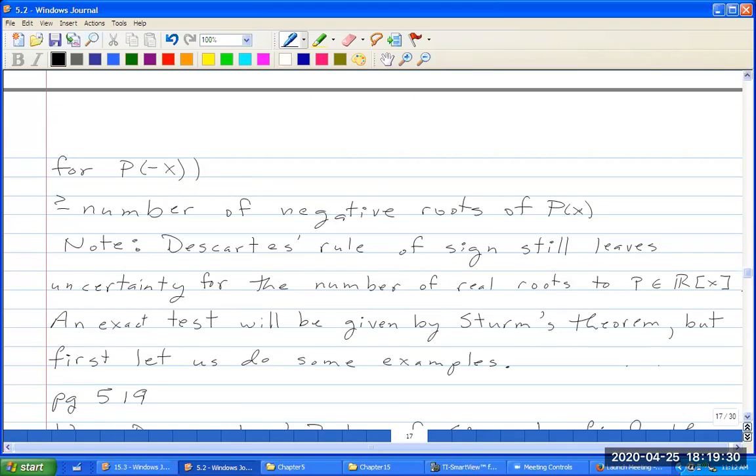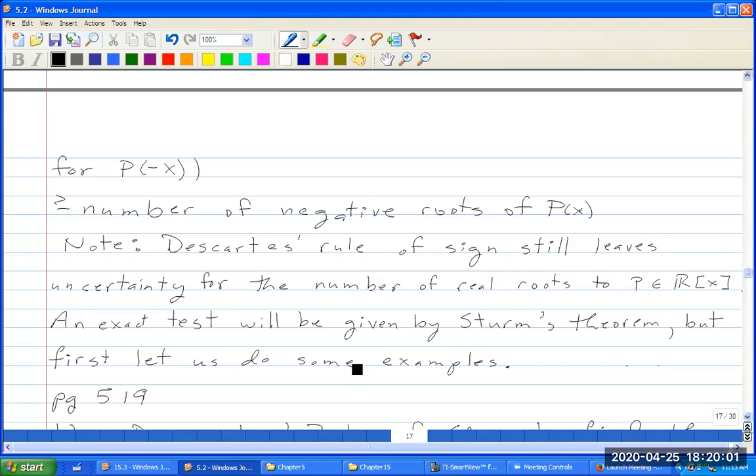So note, Descartes' rule of signs still leaves uncertainty for the number of real roots to P. An exact test will be given by Sturm's theorem, but let's first do some examples before I give you other things. So notice that we'll just say, well, maybe there are 2, 4, 8, 12 roots.